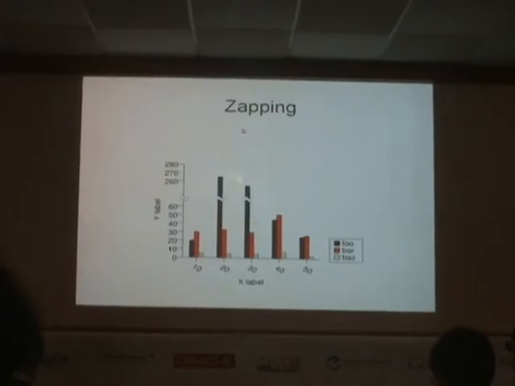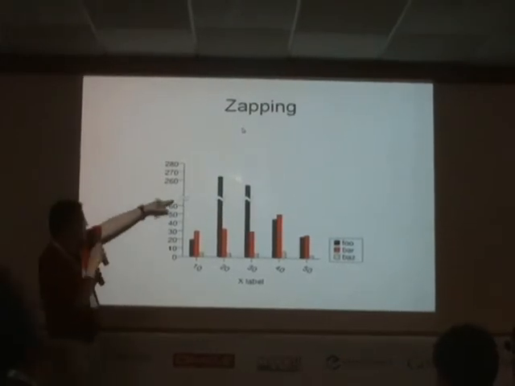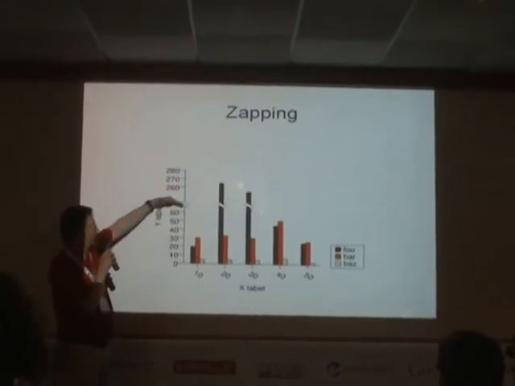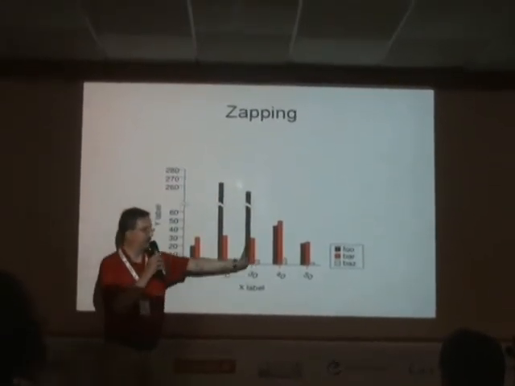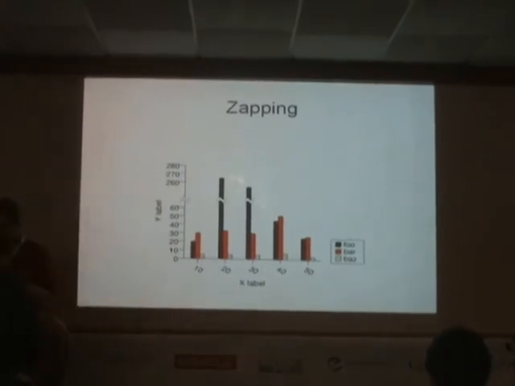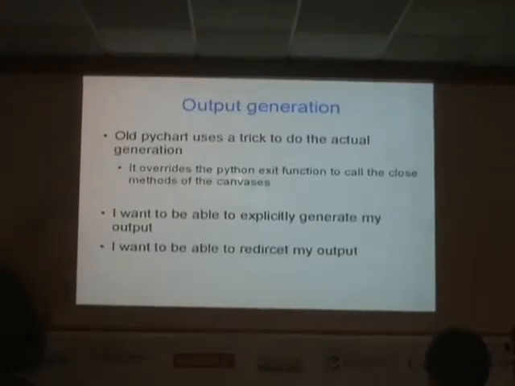Here's another example from the code. You can do quite neat things with zapping, both in the horizontal and in the vertical. Another thing that I really wonder what he was thinking of when he wrote this is that the actual generation of the charts is done by overriding the Python exit function, to include a call to the close methods of the canvases that we've seen here.